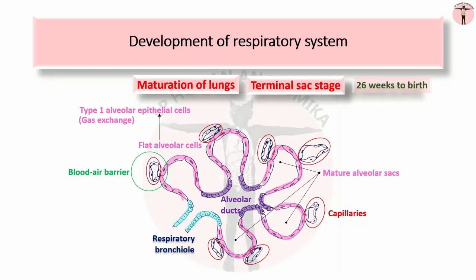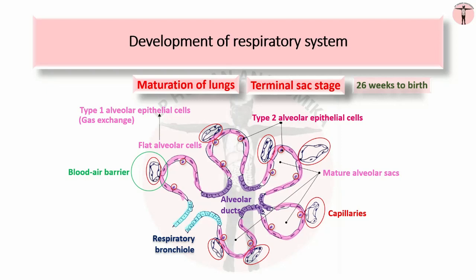The capillary network proliferates rapidly in the mesenchyme around the developing alveoli, and there is concurrent active development of lymphatic capillaries. Scattered among the squamous epithelial cells, there are rounded secretory epithelial cells, which are the type 2 pneumocytes or alveolar epithelial cells.